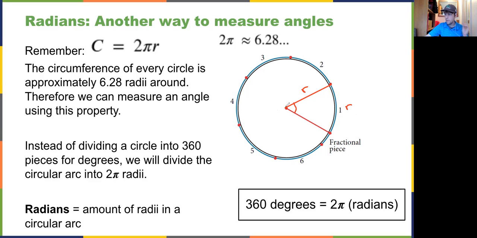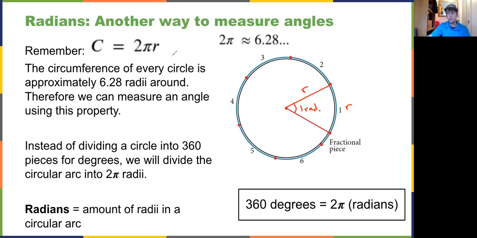It's that simple. The radius of the circle is equal to the arc length, therefore the measurement of this is 1 radian. Now, the great thing about this is it works no matter how big or small the circle is. 1 radian is going to create the same angle no matter how big or how small the circle is.